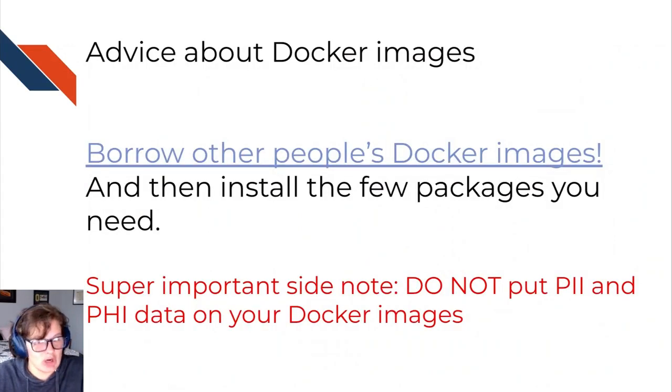We're going to talk more about containers in the containers course, but for now, this is a very important side note. If you do decide to play around with containers and images, it's highly, highly important that you do not put any secured protected data types, so PII, personally identifiable information, or PHI, personal health information, on your Docker images. You do not want to do that, especially if you're sharing them.